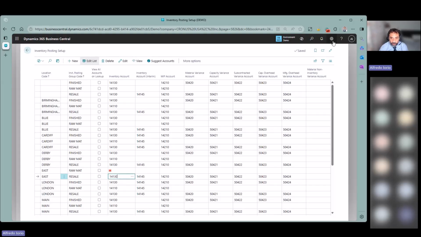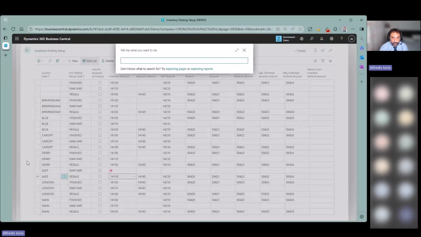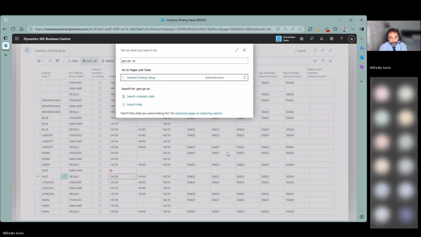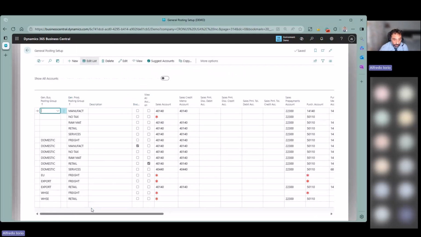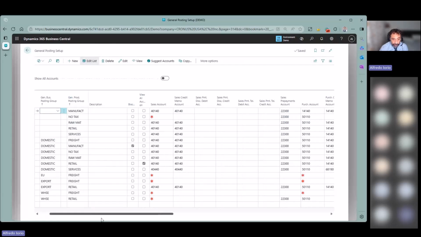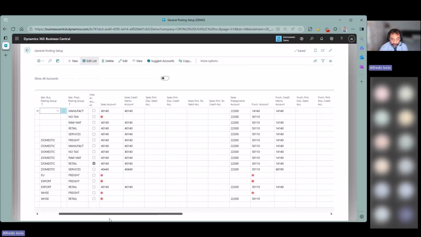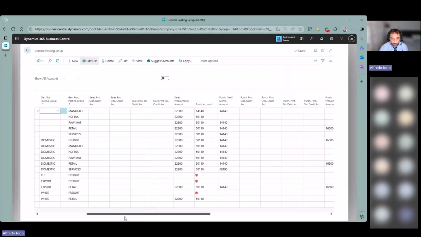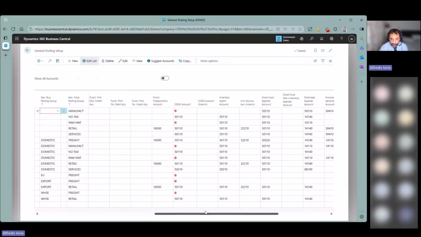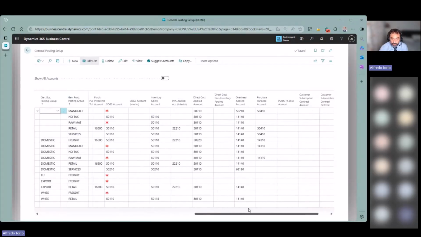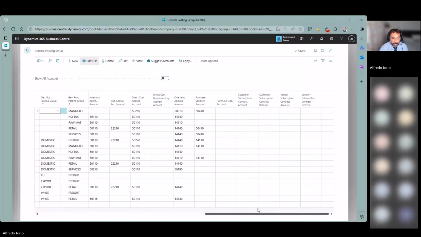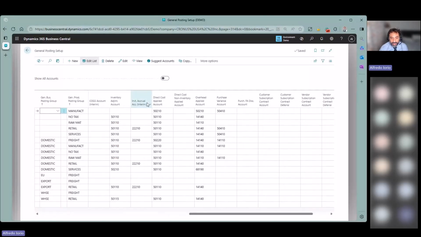But as we all know, in accounting, there are always two sides of every entry. The other side, on the general posting setup, is what accountants call goods received, not invoiced, which is usually a liability in the balance sheet. It's inventory accrual account interim.